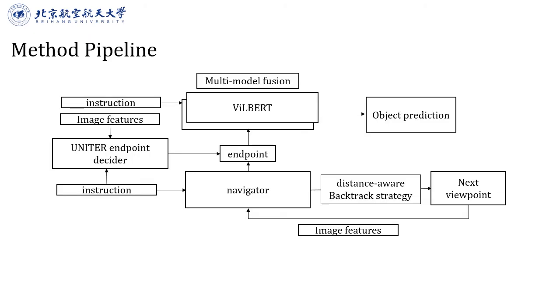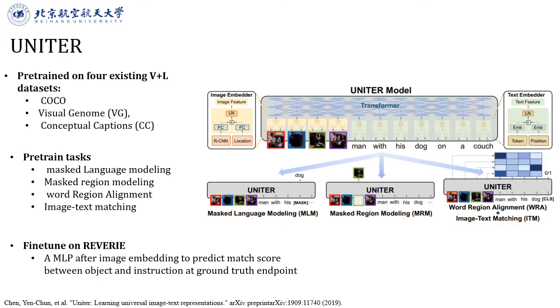Let's come back to the method pipeline. Next, we will introduce the Unitary endpoint decider. The endpoint decider can locate the most possible destination of navigation. The decider is based on the Unitary model. It is a large-scale pre-trained model for joint multimodal embedding. Unitary shows good performance on many different vision and language tasks.